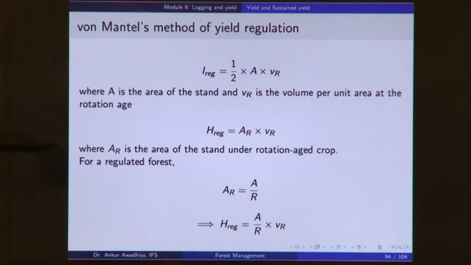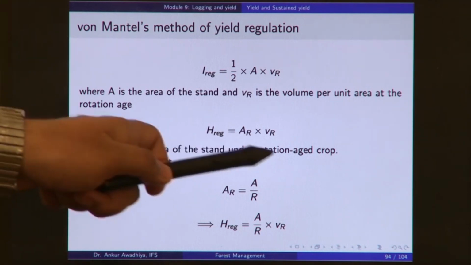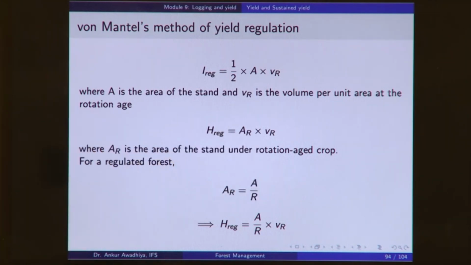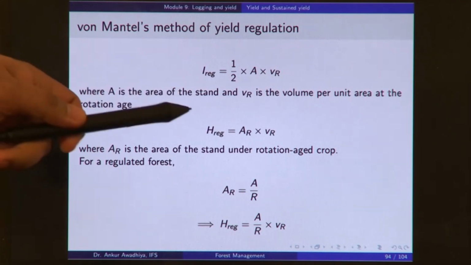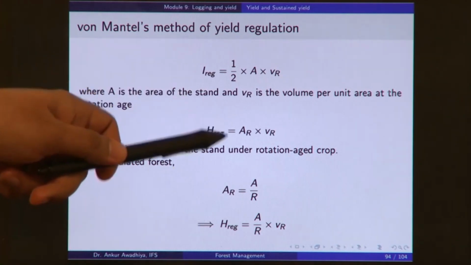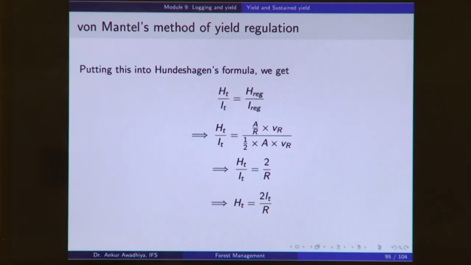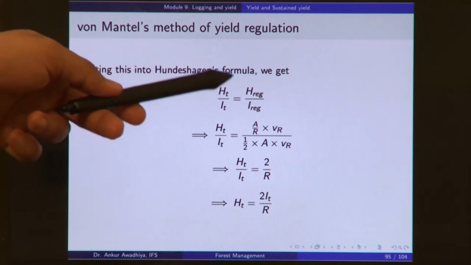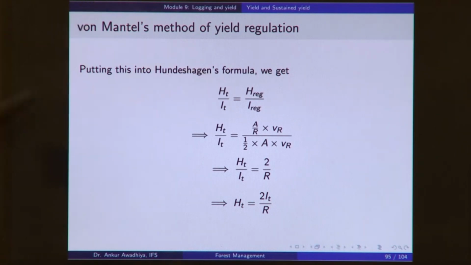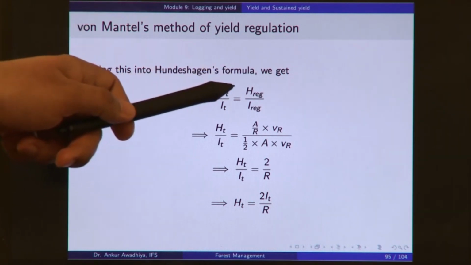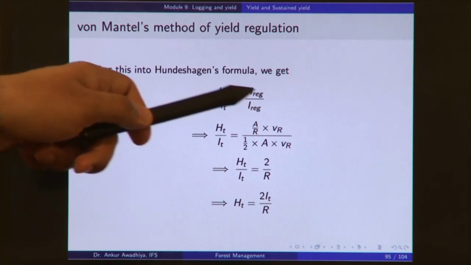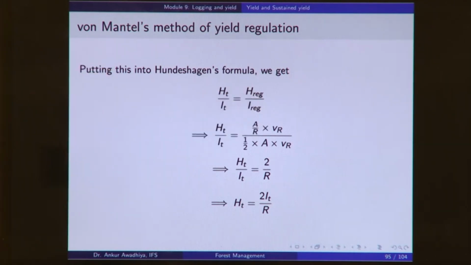Now, for a regulated forest, AR is equal to capital A divided by R, because we have divided the forest into equal area sections. So, H regular is equal to A by R into VR. Now, putting this into the Hundeshagen formula, we get Ht by It, that is harvesting at time t divided by the inventory at time t, is given by H of the ideal forest divided by I of the ideal forest.